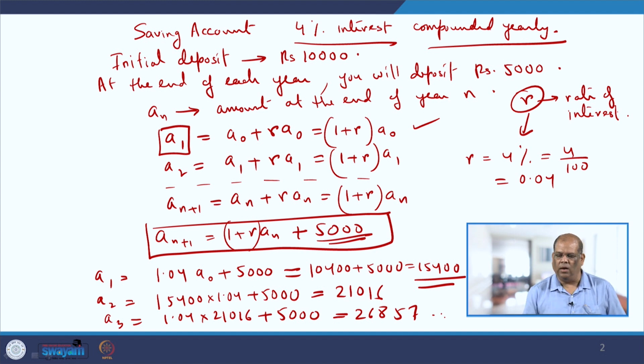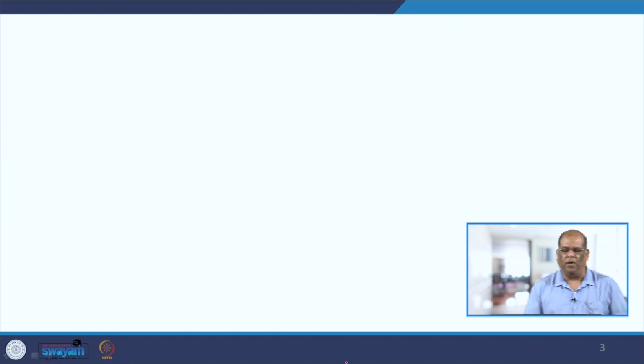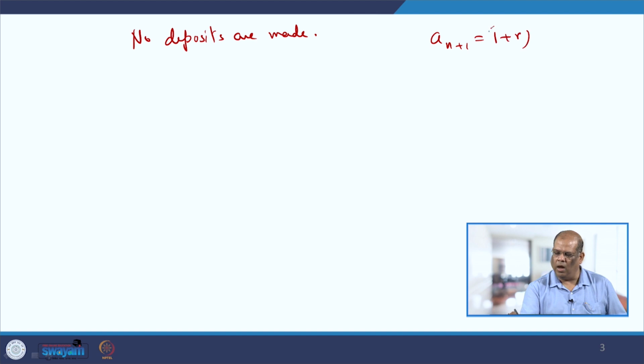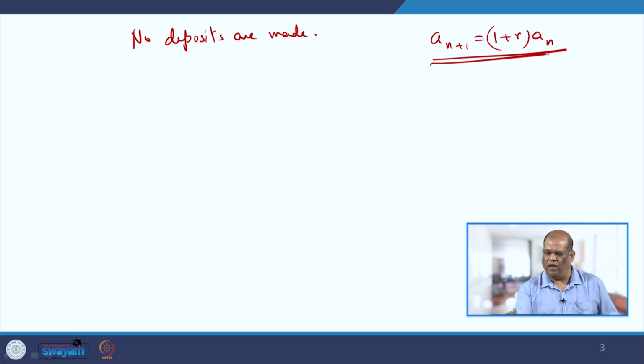Now, let us consider a different scenario. In this particular scenario, no deposits are made. Your model was A_(n+1) = (1 + r) A_n initially, and then we said that every year we add this 5,000 rupees to it.